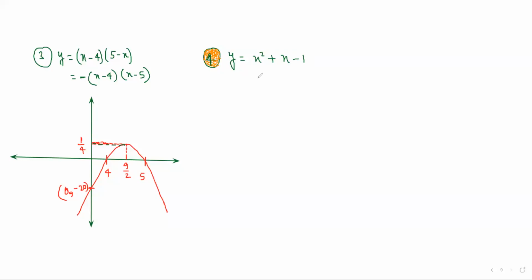A is 1, b is 1, c is minus 1. D is what? B square minus 4ac, 1 plus 4, that is 5.